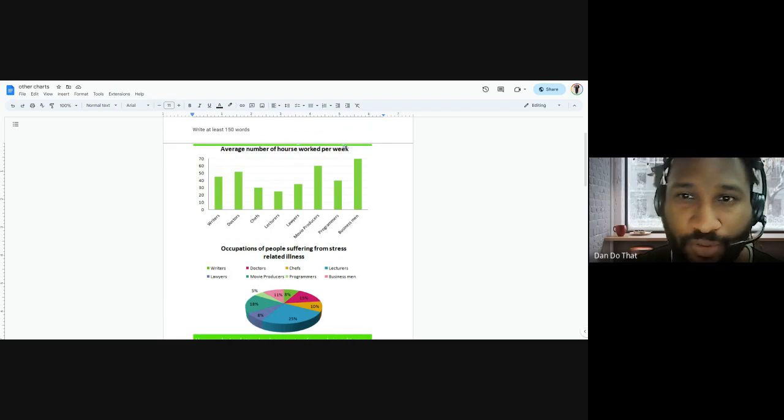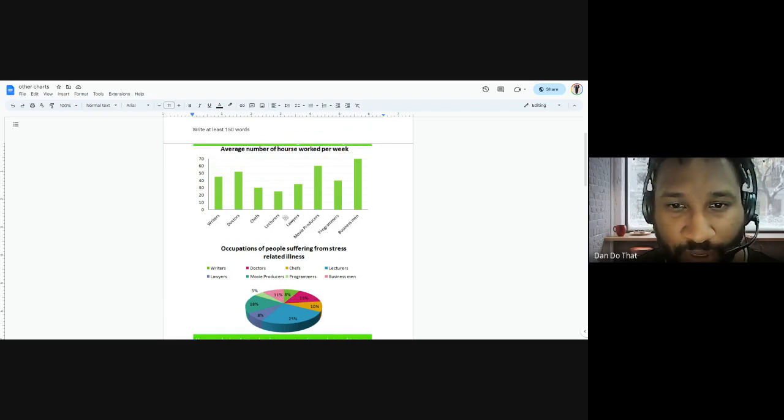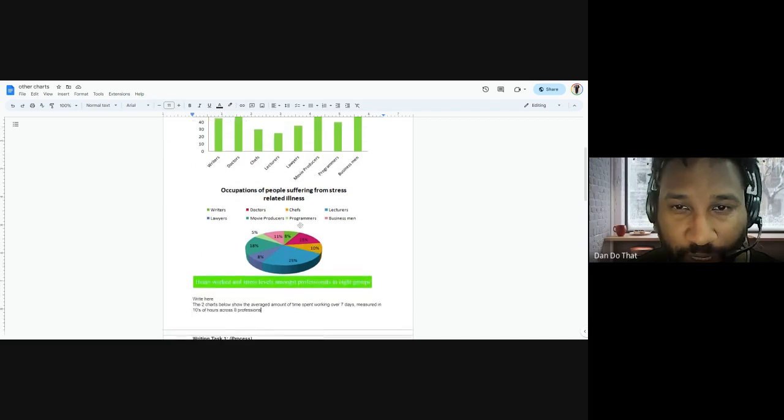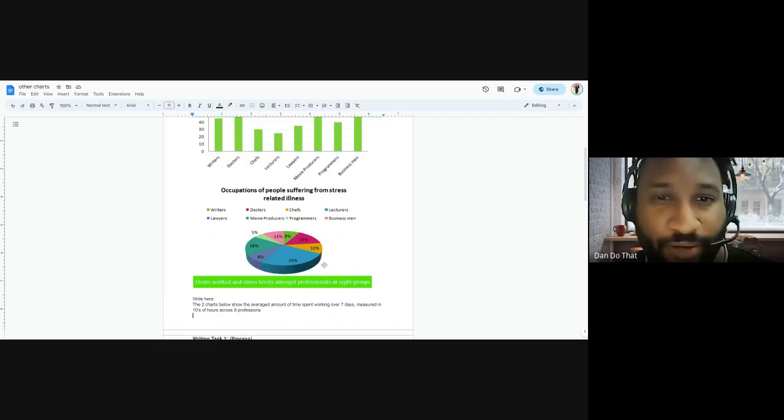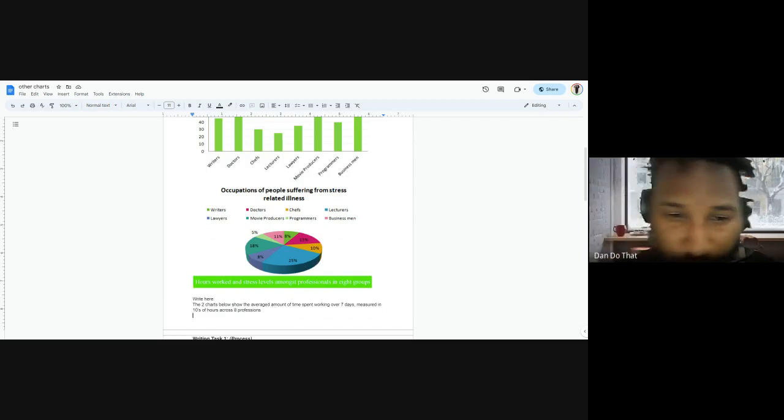Average number of hours worked per week, measured in tens of hours across 8 different professions. If you don't know the word professions, you can say jobs. It's fine. If you don't know jobs, you can say titles or job titles, whatever. Doesn't matter. As long as you don't say writers, doctors, chefs, and lecturers.